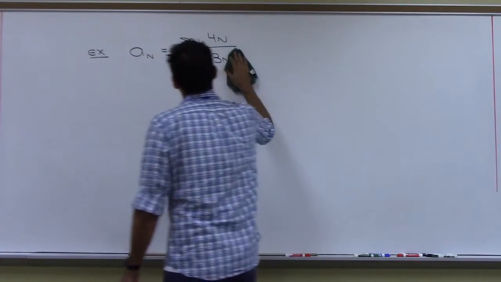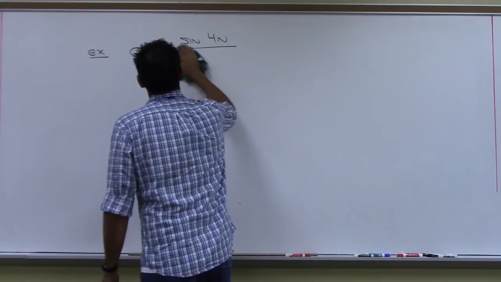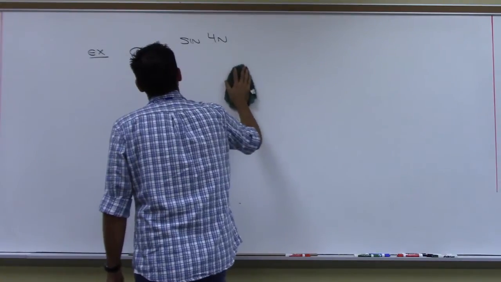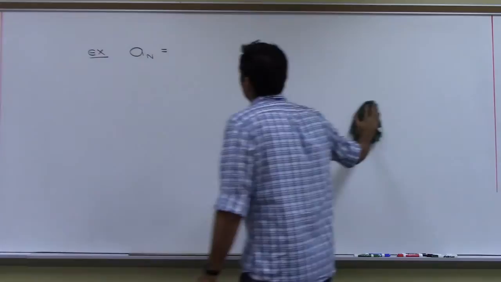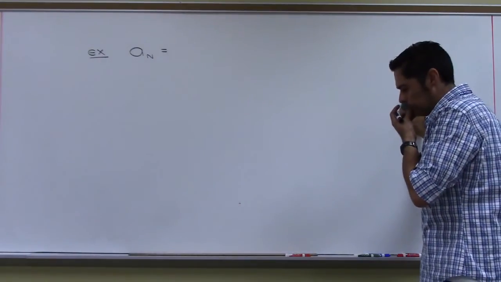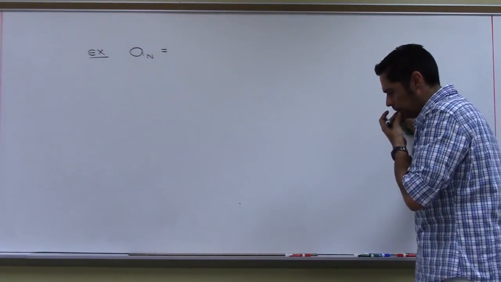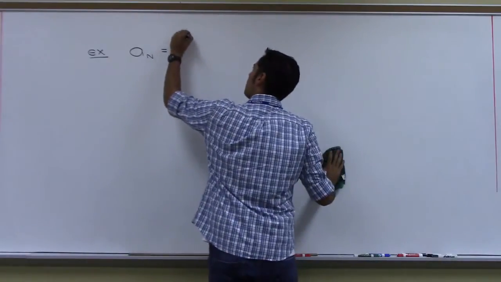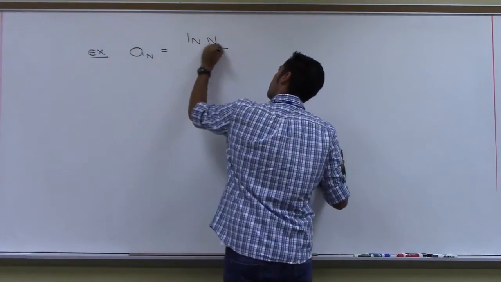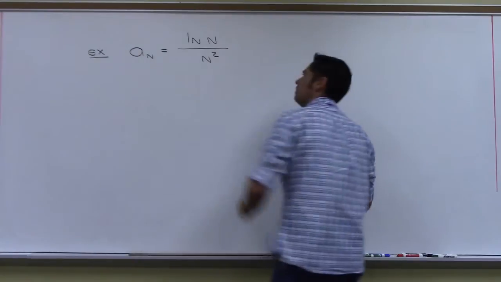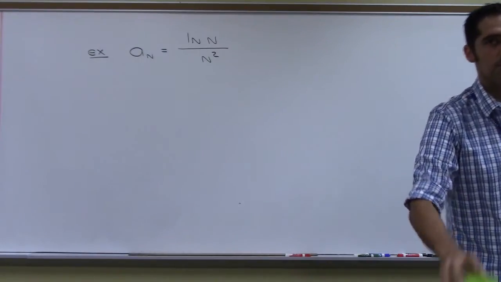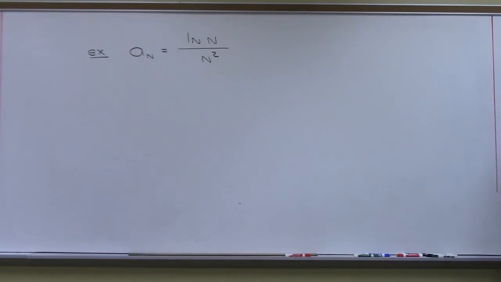Hold on. No. No. Okay. Natural log n over n squared. That one's a little more along the line.